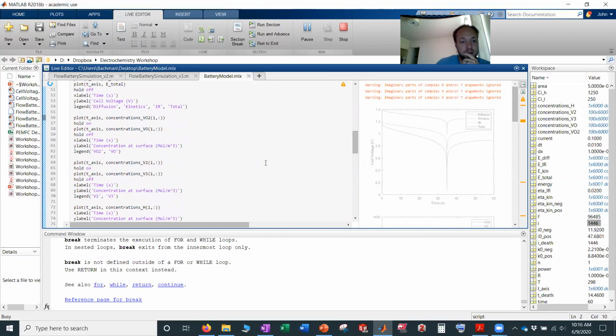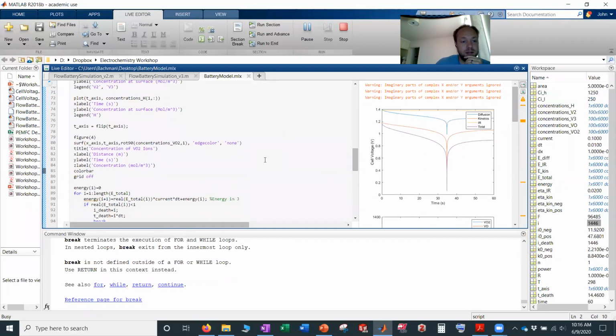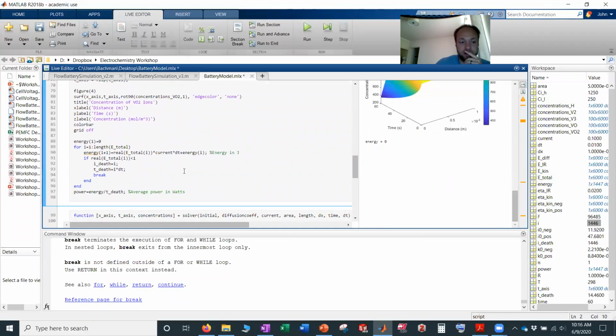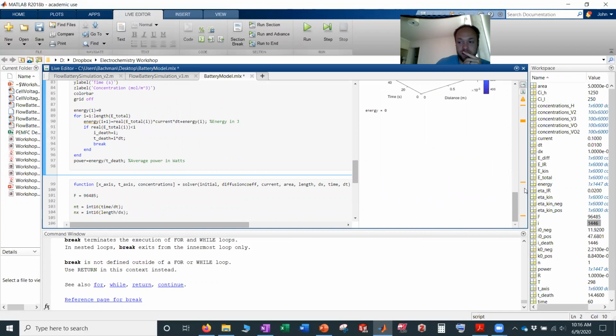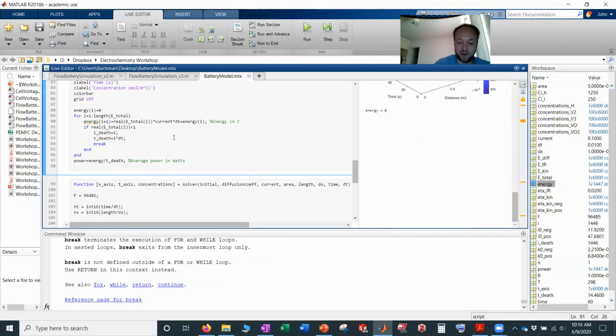There we go. Good. So our energy is not that long. So that's good. So let's do this to 0.6.